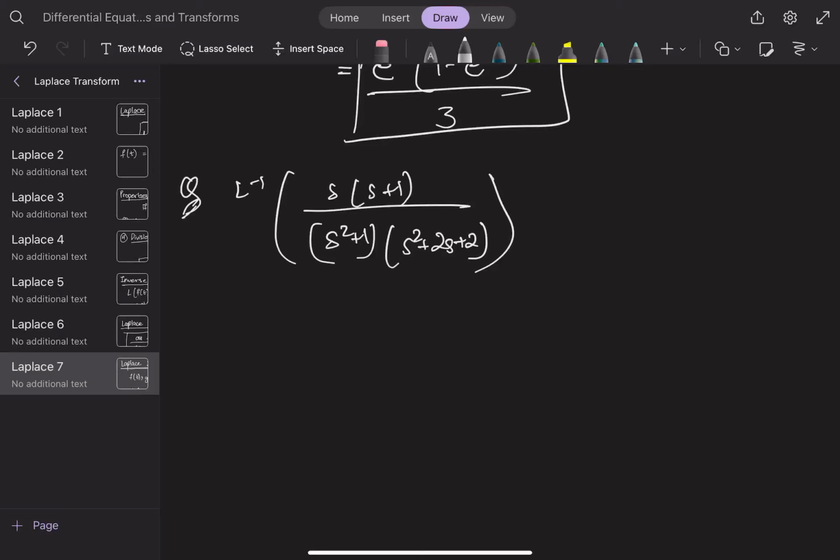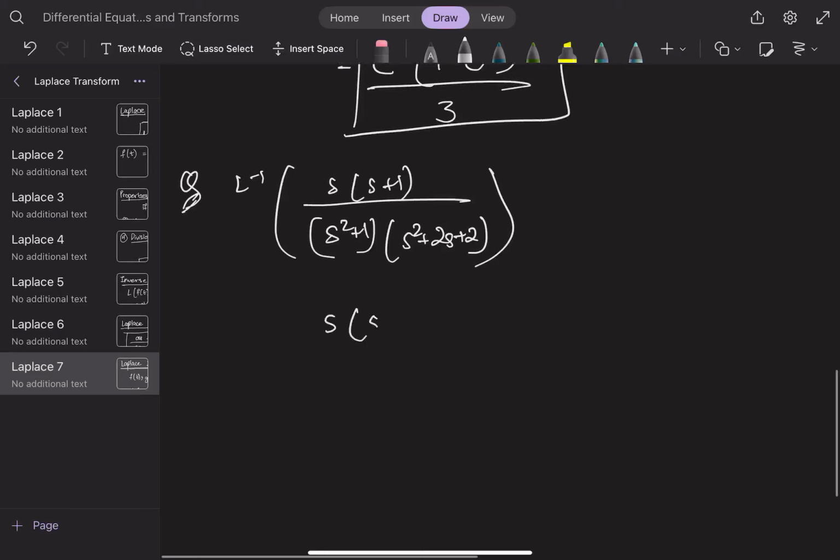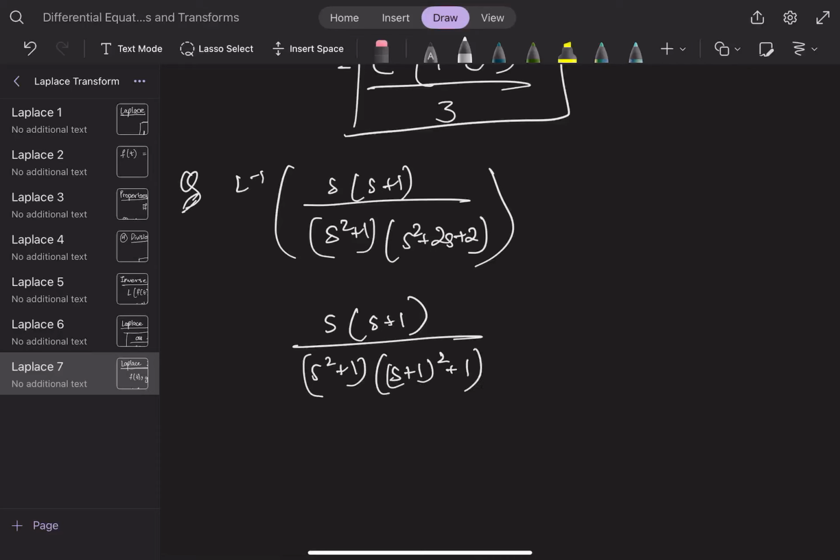First of all, I can see that I can write this as (s plus 1) divided by (s square plus 1) into ((s plus 1) whole square plus 1). So clearly we should club these two terms and these two terms.